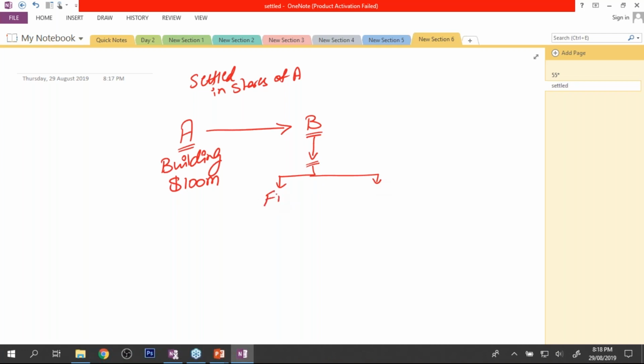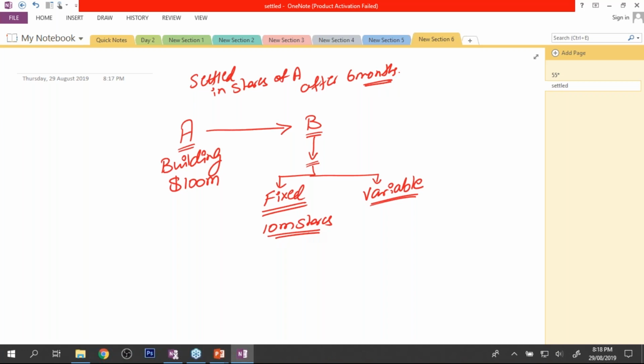If B gives a fixed number of shares, let's say 10 million shares, this means that the shares are fixed. B may say, I'm not giving you shares today, I'm going to give you shares after 6 months, 10 million shares. This means the number of shares is fixed.